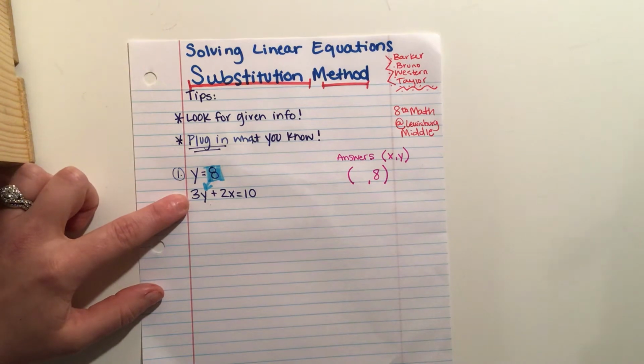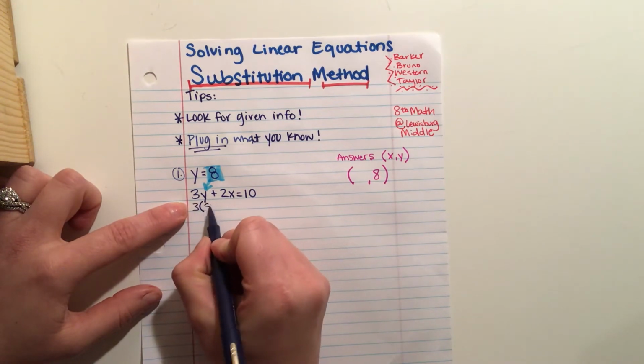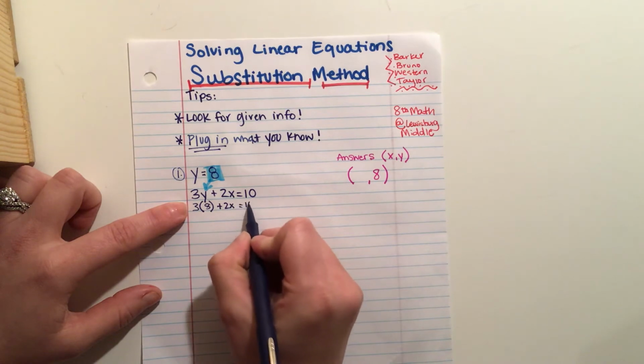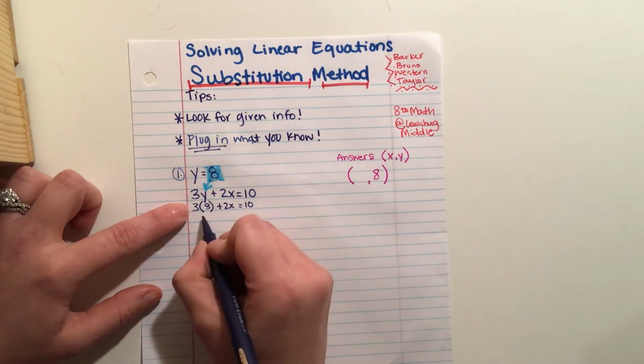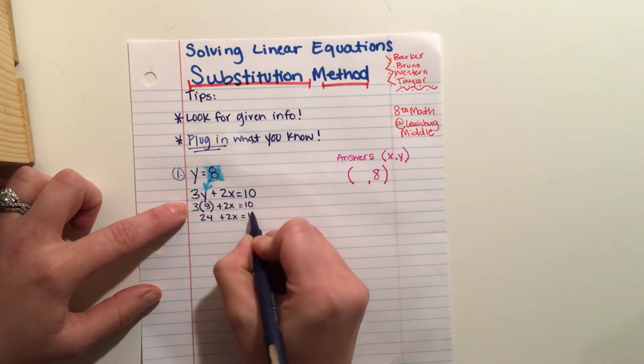No. You should be a little more advanced than that. You should know that this means to multiply the 3 by 8. Then bring down the rest of your problem. So let's distribute that. What is 3 times 8? 24. Plus your 2x equals 10.